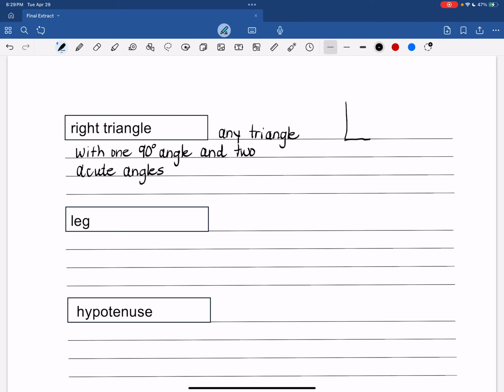In other words, it must have the right angle.